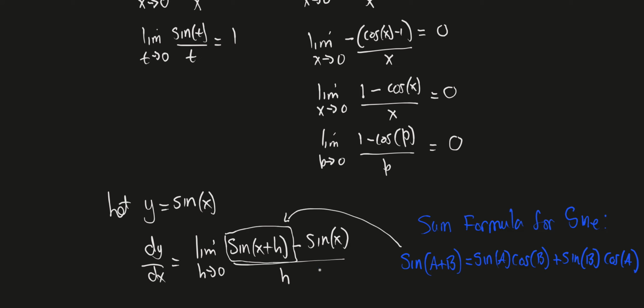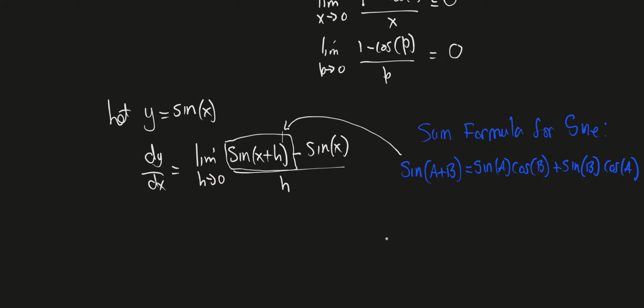So x is going to be my a, and h is going to be big B, right? Okay, so let's write that down and see what happens. So we have the limit as h approaches 0. That identity allows me to expand this, not like the binomial expansion, but more a trigonometric kind of expansion.